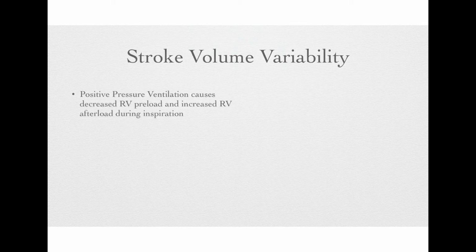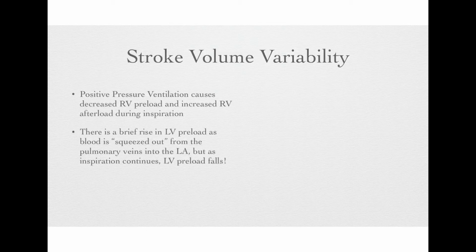Positive pressure ventilation causes a decrease in the RV preload and an increase in the RV afterload during inspiration as a result of the high positive pressure increasing the intrathoracic pressure. On the left side, there's a brief increase in LV preload during early inspiration as the positive pressure essentially helps the blood get squeezed out from the lungs into the left atrium, increasing the preload.